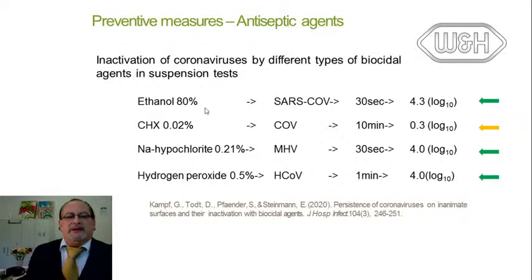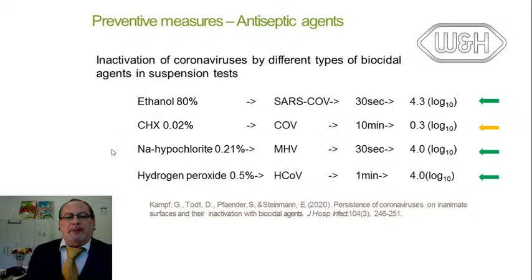And there, ethanol in 80% has shown to be very effective within 30 seconds to lower the concentration of the virus significantly. Chlorhexidine was used in a very, very low concentration, tenfold lower than we are using it in the mouth, and it has shown to be not effective.